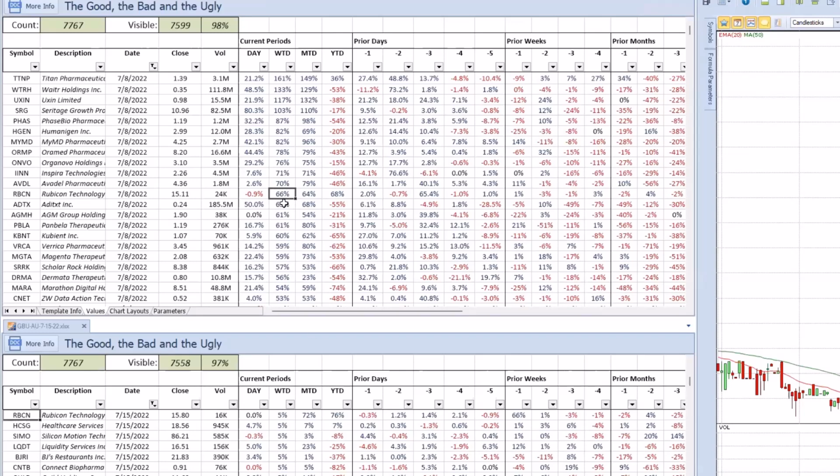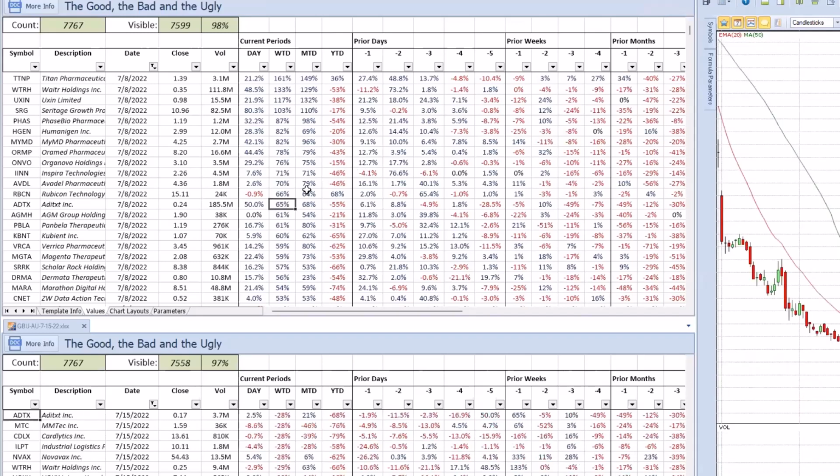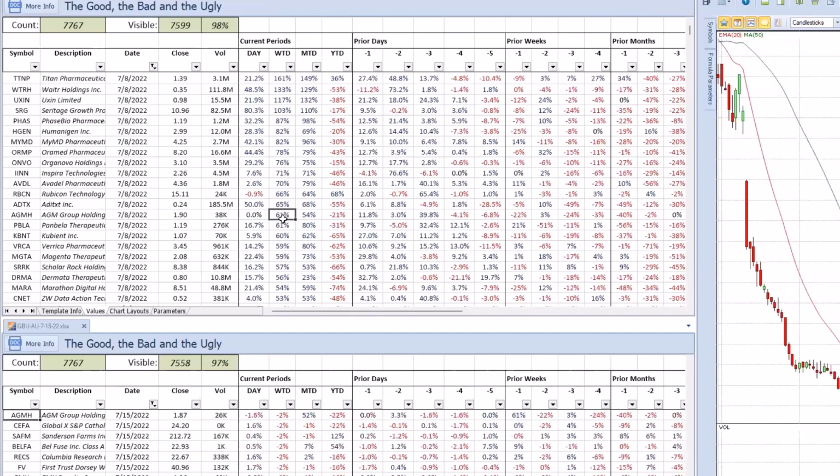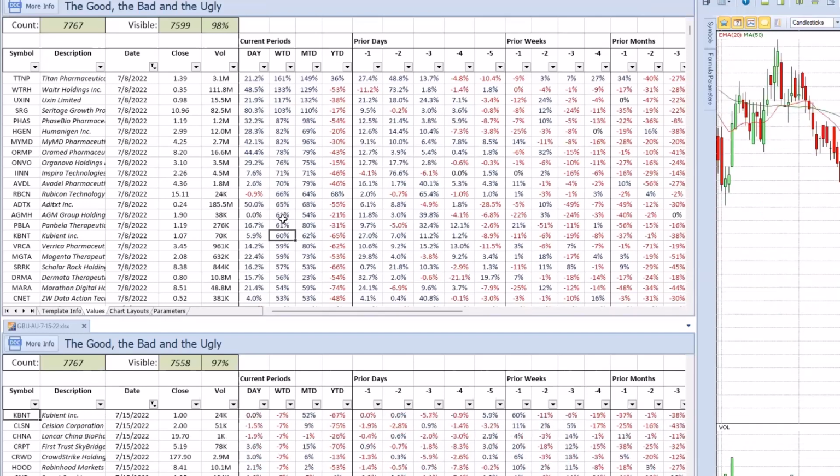So not very high there. Here you go, a 65% gainer in the week ending the 8th of July, and a negative 28% this week, and so on. As you go down through the list, you can just keep an eye on it. It's always going to bring the stock that you've clicked on to the top of every report.